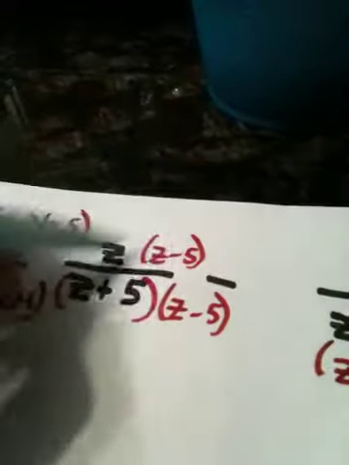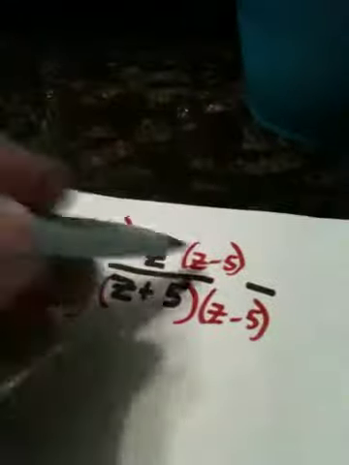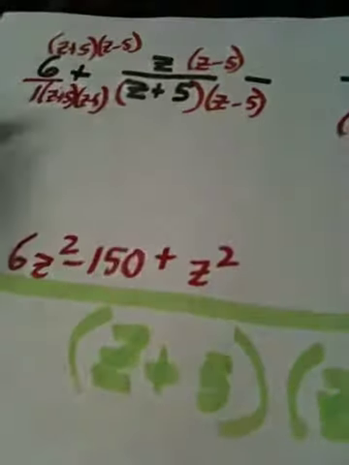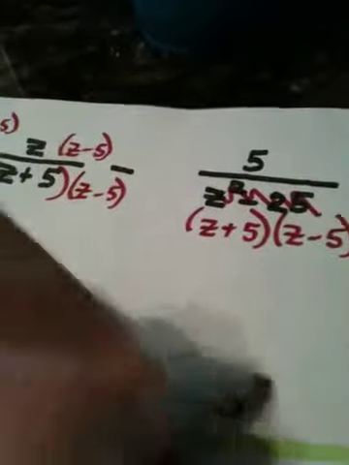The next thing I'm going to do is to distribute in the next numerator. I'm going to distribute a positive z. Z times z is z squared. Z times negative 5 is negative 5z. And then I pick up a minus 5 from the end.